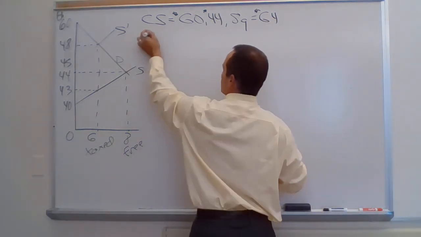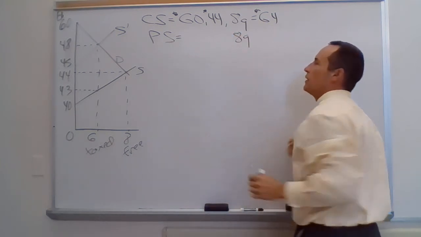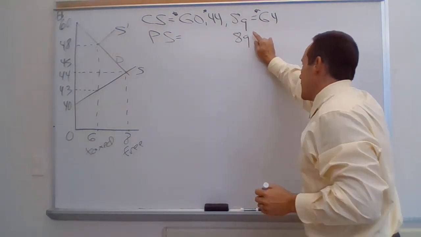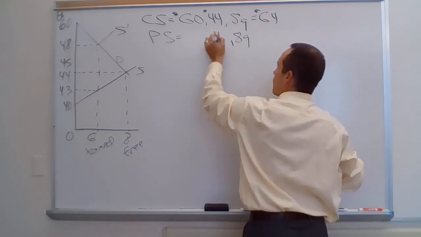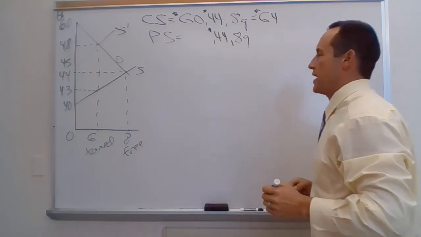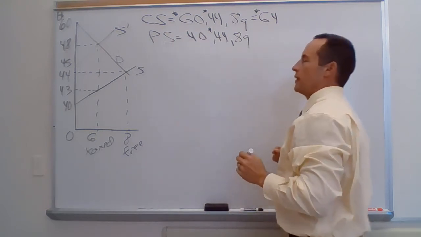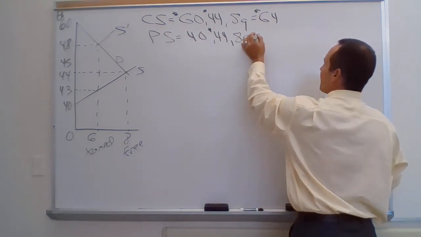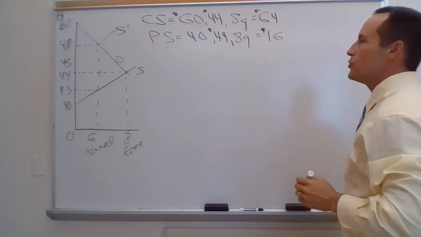Conversely, producer surplus equals 8Q. If consumers are buying 8 units, producers are making 8 units. If they are paying $44 without a tax, the producers are collecting $44 without a tax. But now we input the supplier choke price. And $16 is the producer surplus.